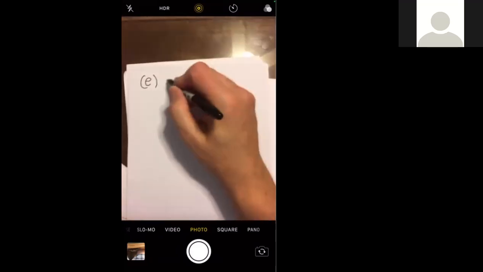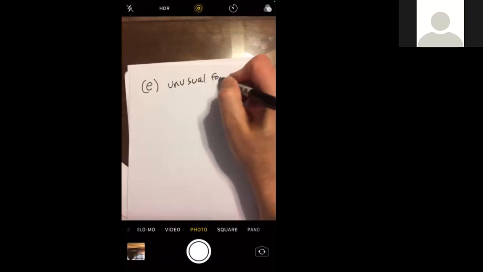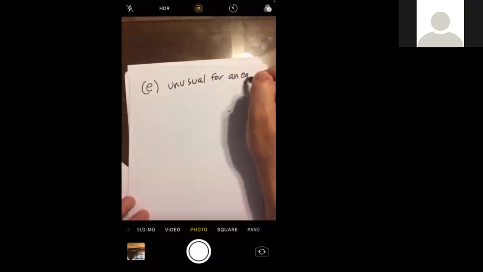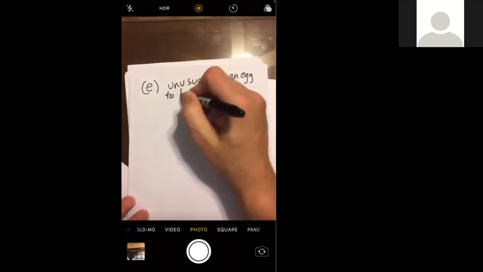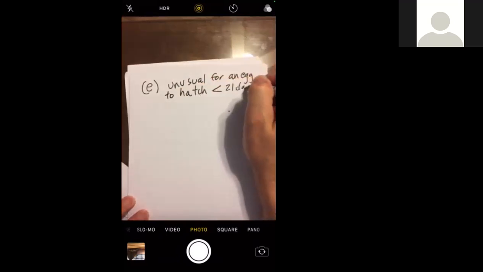Part E says, will it be unusual for an egg to hatch in less than 21 days? They say the probability of an egg hatching in less than 21 days is dash.